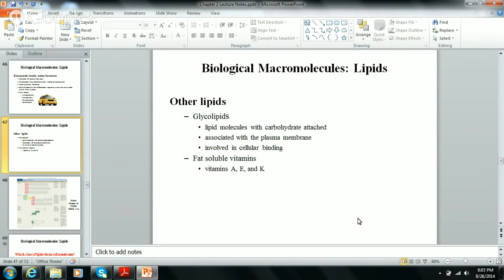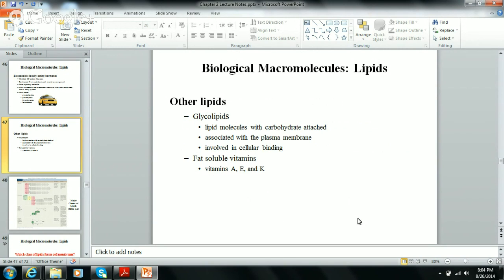Some other lipids that you'll talk about throughout anatomy and physiology are things like glycolipids. Glycolipids are basically lipid molecules with some sugar molecule attached to them. Usually you talk about them when you're dealing with the plasma membrane or the cell membrane. And you'll see these again when you start talking about things that bind to receptor sites.